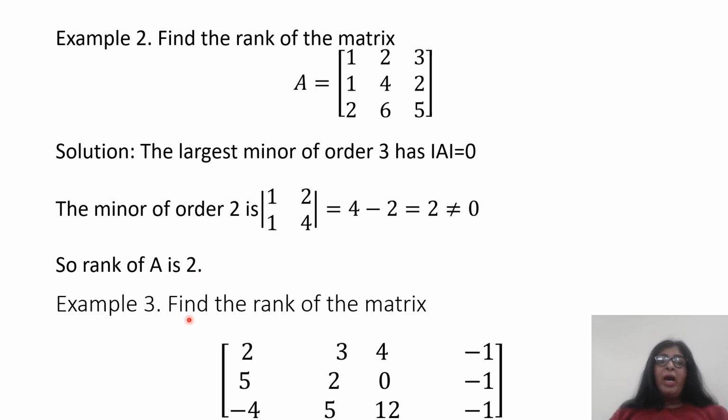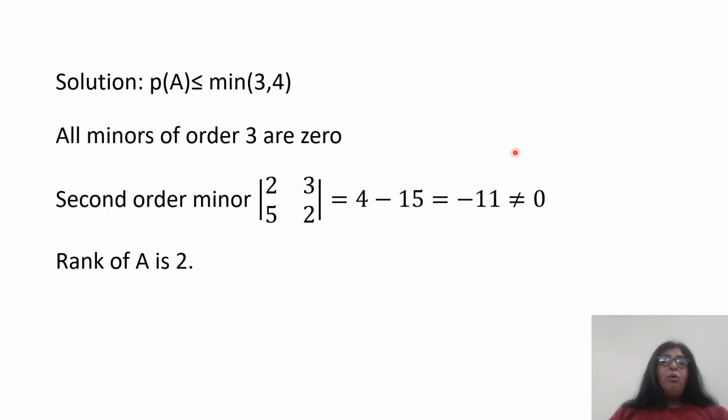Next is find the rank of the matrix having entries as 2, 3, 4, minus 1, 5, 2, 0, minus 1, minus 4, 5, 12, minus 1. So it's a matrix of order 3 by 4. You can see that as it is a rectangular matrix, the rank of A will be less than or equal to the minimum of 3, 4.